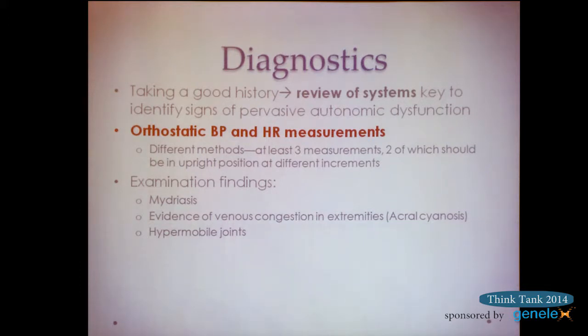And then, more often than not, they don't really have anything specifically cardiac exam-wise. Unless they've got a really bad case of mitral valve prolapse, I don't hear a lot of abnormalities in the chest exam. But those are hallmark things that I see commonly.